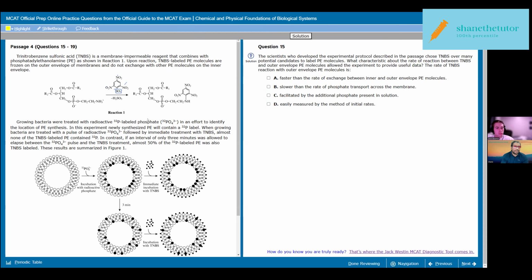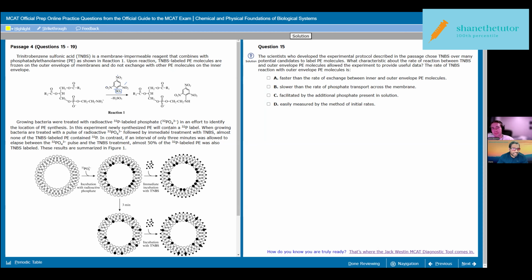So do you remember what toluene looked like? I think I literally did a question on that today, but it's probably an aromatic ring. Yeah, it's a benzene with a methyl. Got it. Okay.